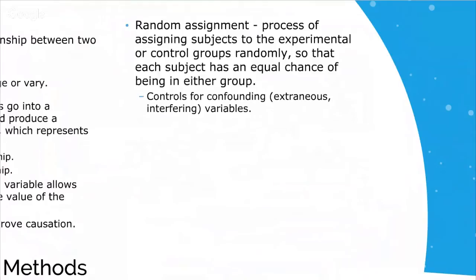Meaning, if you are studying a certain item or a certain drug or a different behavior among subjects, a confounding variable might be something that can explain the difference in behavior that is outside of your experiment.